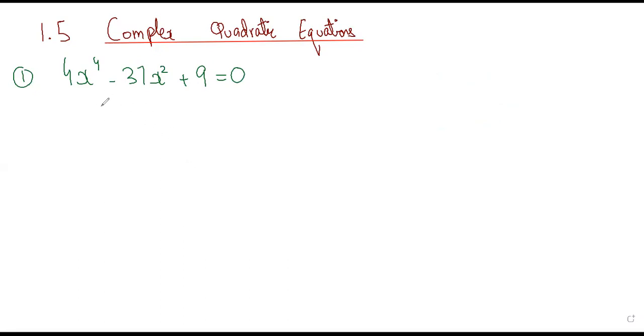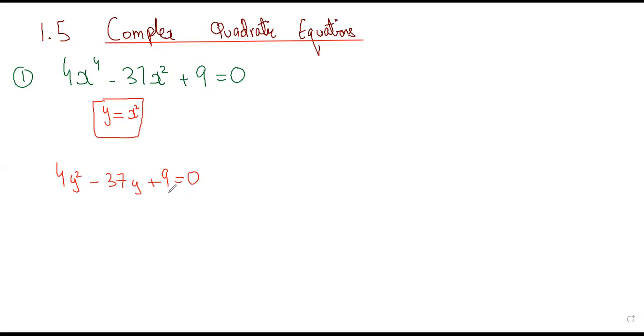I can make a variable y, and I can say that y is equal to x squared. Now I am going to plug in y. The coefficient of 4 would now be y squared minus 37y plus 9 equals 0.